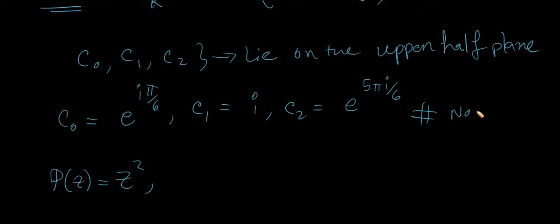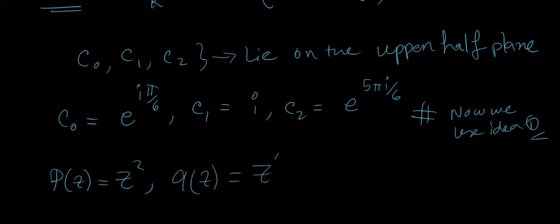Now we use idea 1. And Q of z will be z to the power 6 plus 1. Alright, so what is Q prime of z? It's pretty easy. It's just 6z to the power 5. Sorry, I wrote 65 instead. It should be 6z to the power 5.